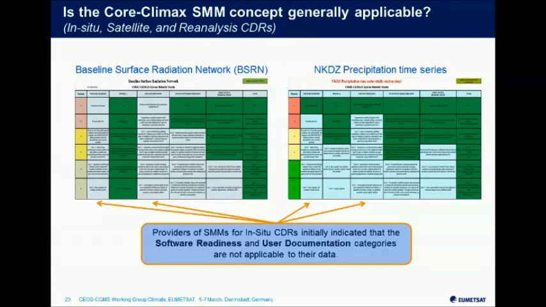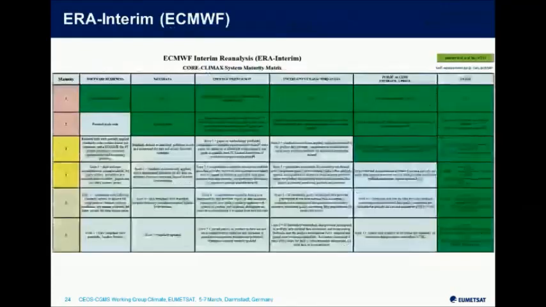So this tool is more useful for a dataset developer than a dataset user. And ERA-Interim also is one of the most used datasets, so it gets a very high score in usage.